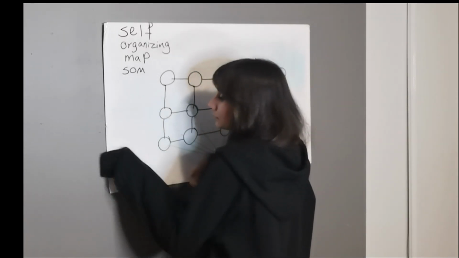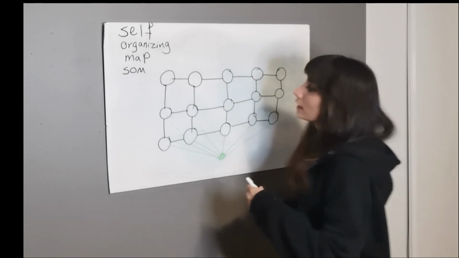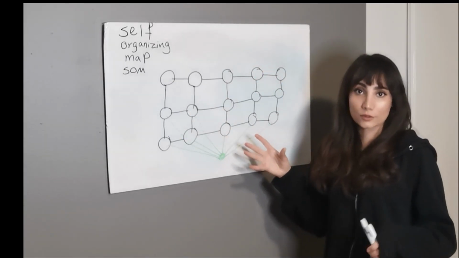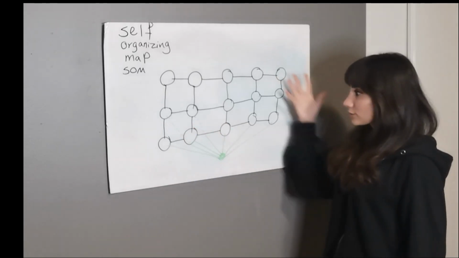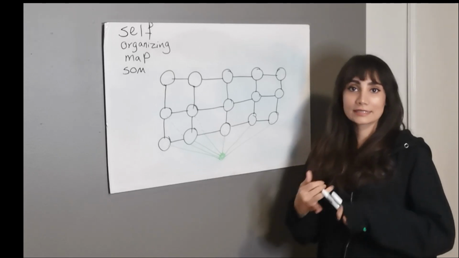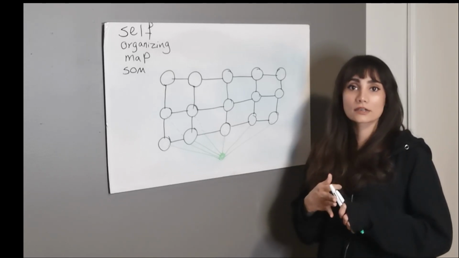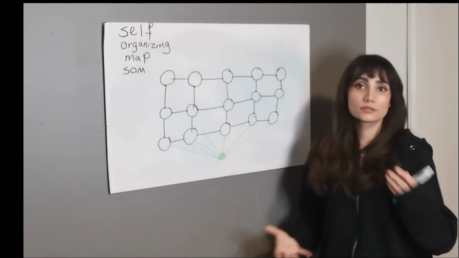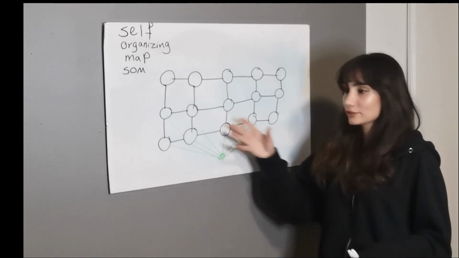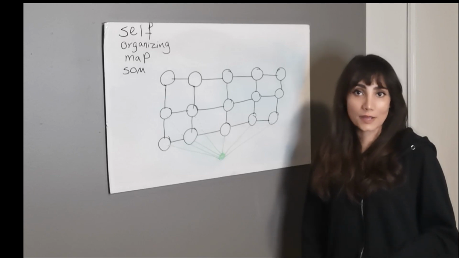So for example, if I have numbers, first, just remember the structure is this. The structure is not the one that I'm going to create right now. You have a grid of either rectangle, square, or hexagon, whichever you think is going to best match your situation, and you can choose the number of neurons as well.